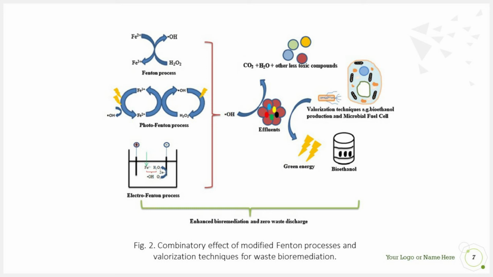density using a suitable cathode. The use of advanced oxidation techniques can help in reducing the toxicity of the effluents, but valorization techniques help in the sustainable disposal and proper use of the pulp and paper industry effluents.